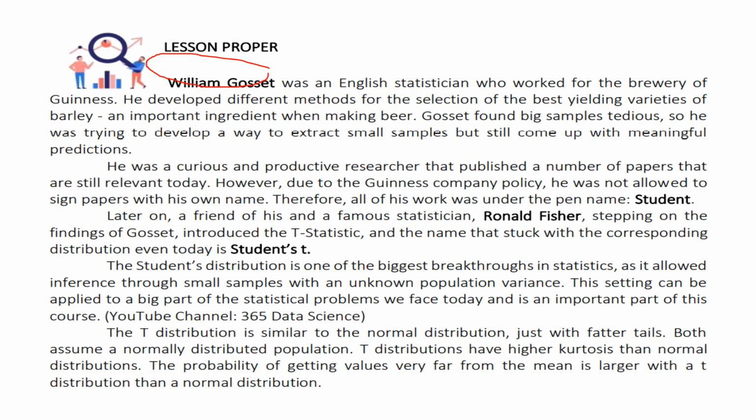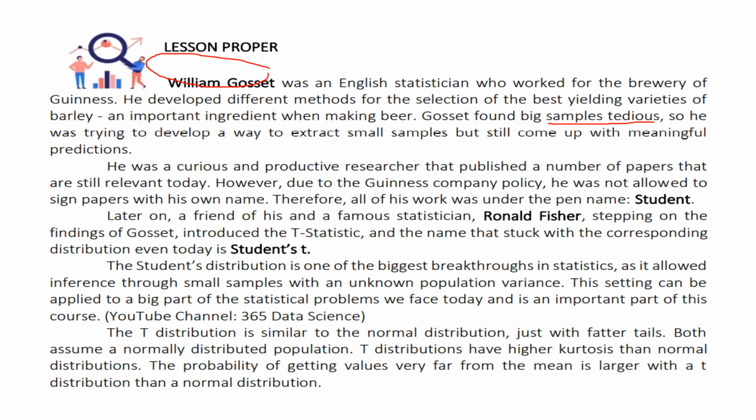So from this kind of experiment, there's a big sample, and William Gosset gets a small sample from these big samples. Meaning to say, if we're dealing with an experiment, we're simply subjecting a sample from a population, not the entire population.